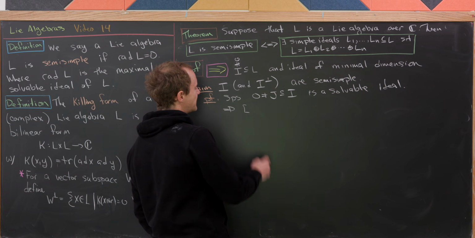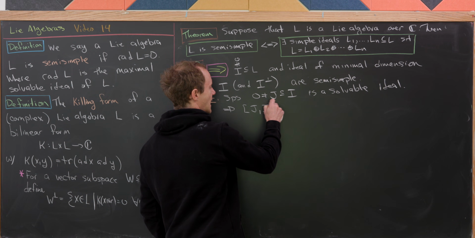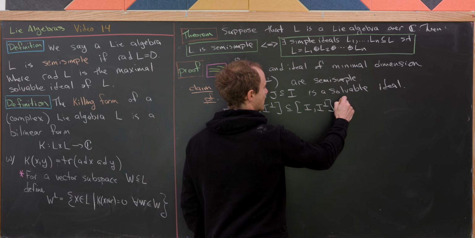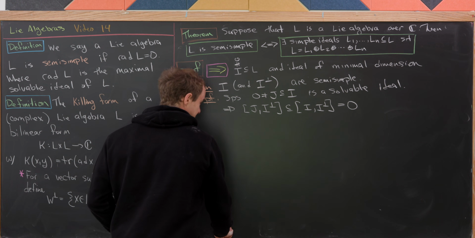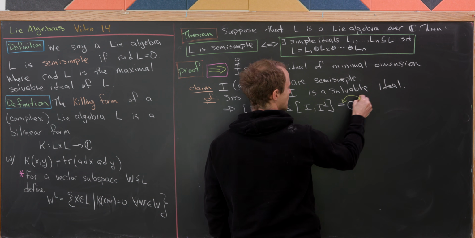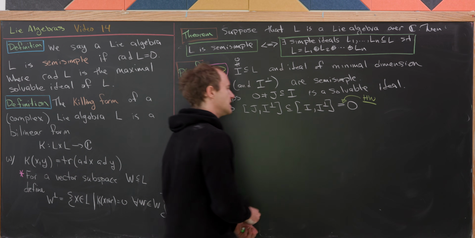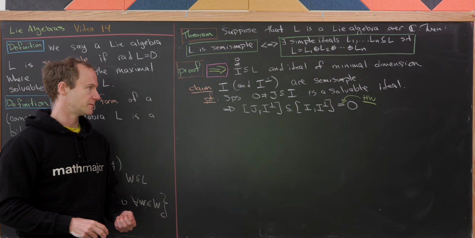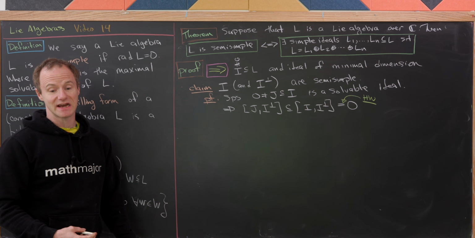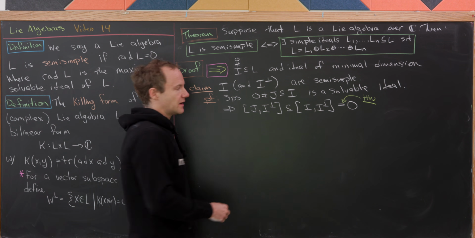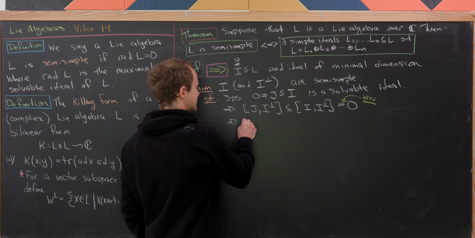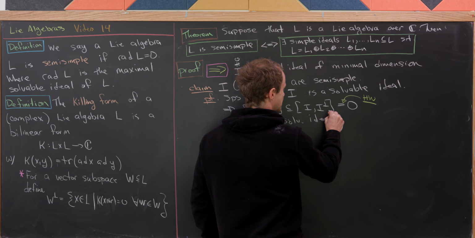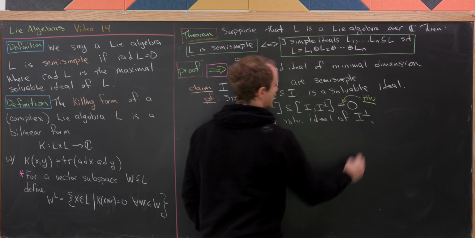Okay, nice. But then the bracket of J with I perp is contained in the bracket of I with I perp, but then that's equal to 0. And I guess maybe this is a little bit of a homework exercise, that elements from I commute with elements from I perp. So like I said, I think that's a nice homework exercise. But what does that tell us? That tells us that J is a solvable ideal of I perp.